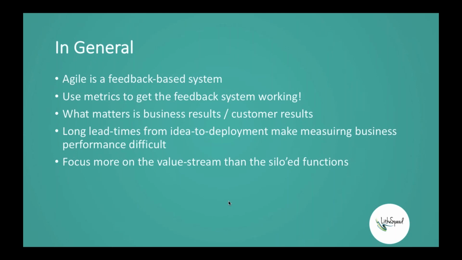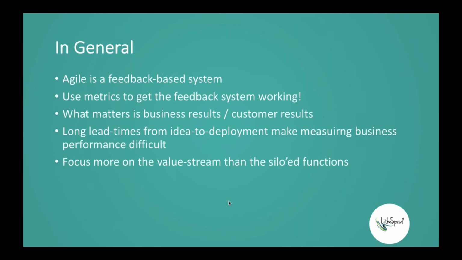Obviously, what really matters to us are those business results and those customer results. One of the issues with traditional software development, and even Agile software development if it's not done well, is that really long lead times, the time it takes to go from an initial idea to deployment, make measuring performance very difficult. There's such a gap in time between when you wanted to do something and when it actually happens that oftentimes you have moved on to other things and are no longer focused on that particular item.